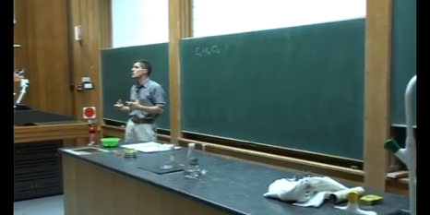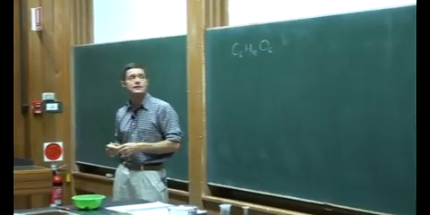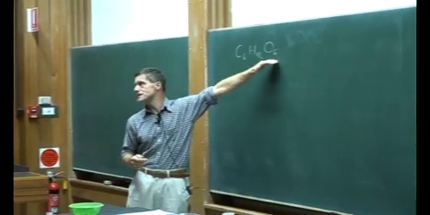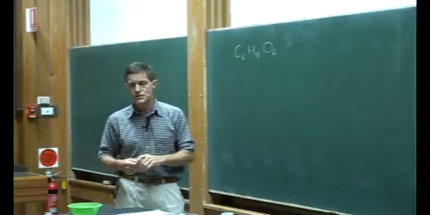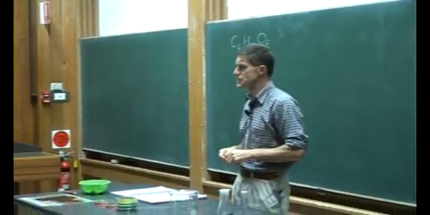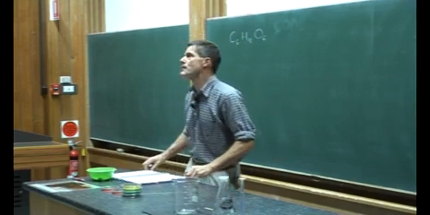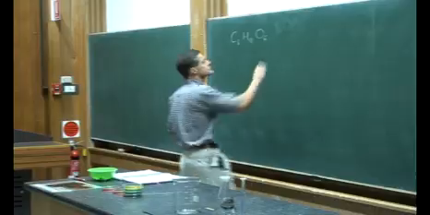From what we've seen this morning, 1 mole of glucose contains 6 moles of carbon, 12 moles of hydrogen atoms and 6 moles of oxygen atoms. So from the formula we can determine that.